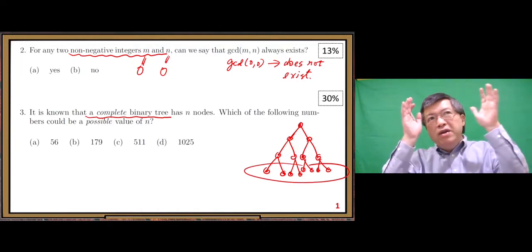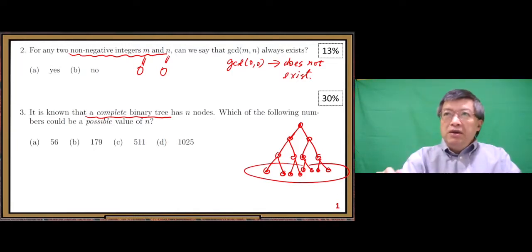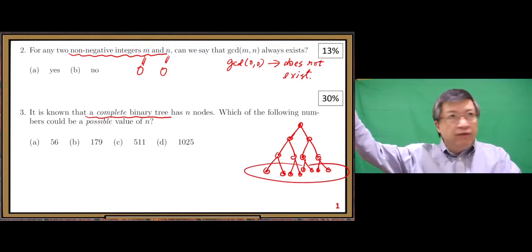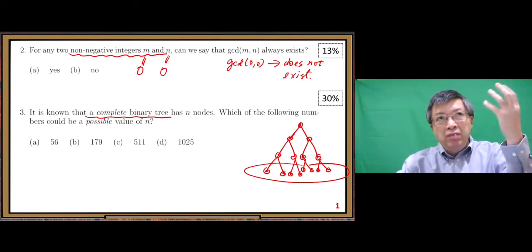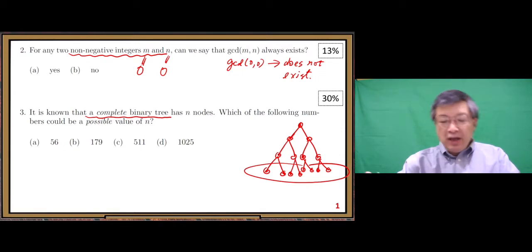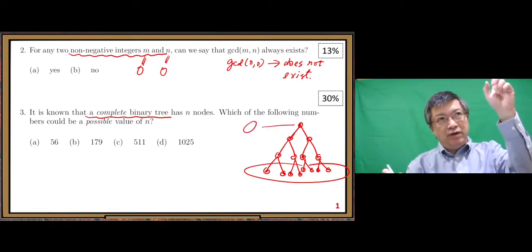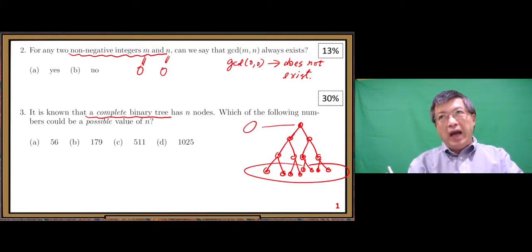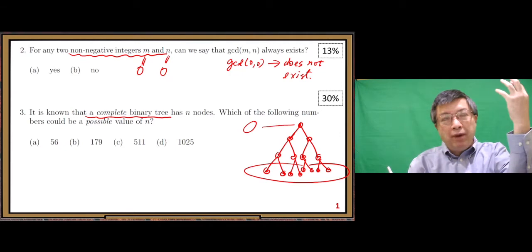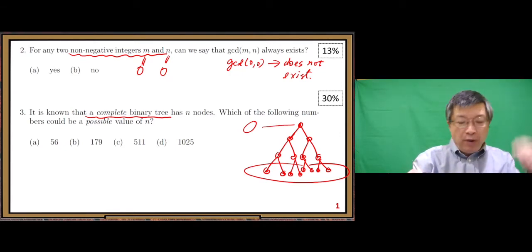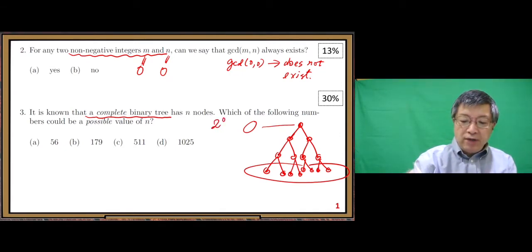When you have that structure, can you calculate the total number of nodes in a complete binary tree? Let's say we start from level 0, the root level. Usually we like to use level 0, because then the number of nodes is 2 to the 0th power.